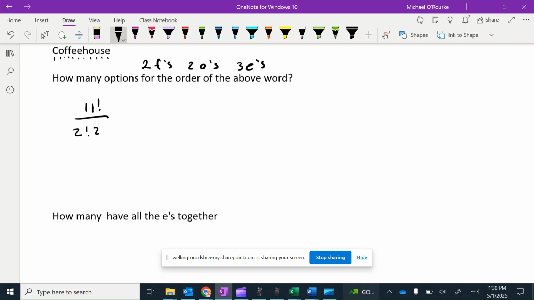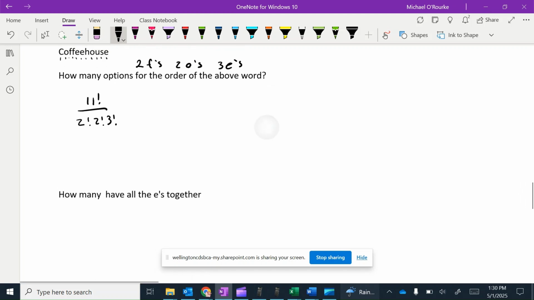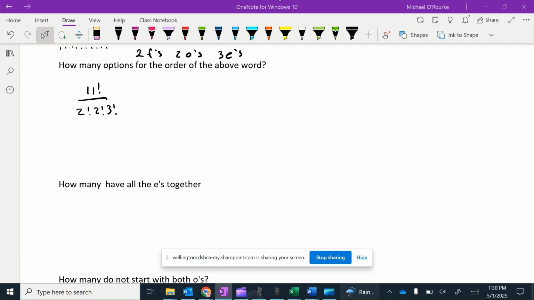So 2 factorial, 2 factorial, 3 factorial. How many will have the E's all together? So I know it's a lot. I like to do this. 1, 2, 3, 4, 5, 6, 7, 8, 9, 10, 11. I'm going to box off my 3. Now, it doesn't really matter. I can't distinguish between E, E, and E. So these are all going to be ones in here.